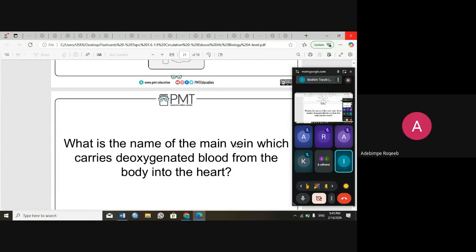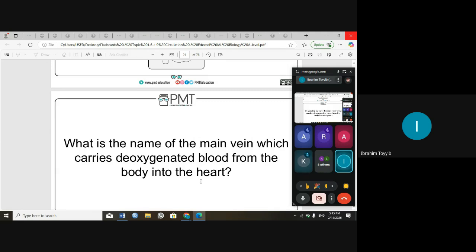Hepatic. Hepatic has to do with the liver, and there's nothing like liver here. Vena cava. Vena cava is the main vein. Vena cava is the superior and the inferior.